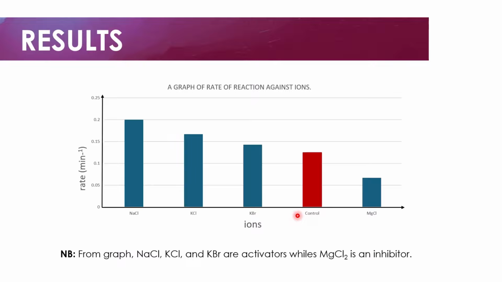Therefore, we can conclude that sodium chloride, potassium chloride, and potassium bromide are activators, whereas magnesium chloride is an inhibitor. Thank you.